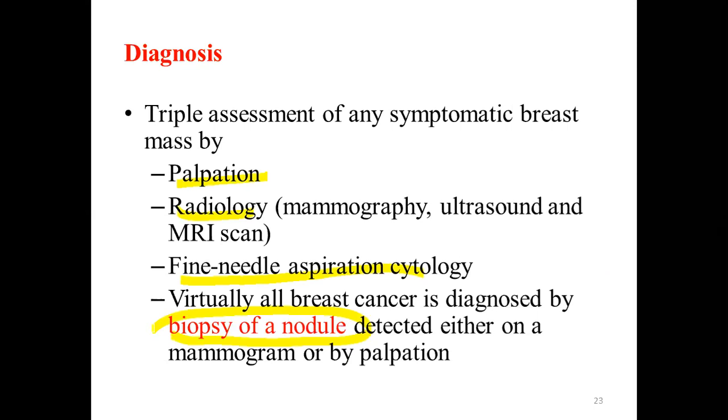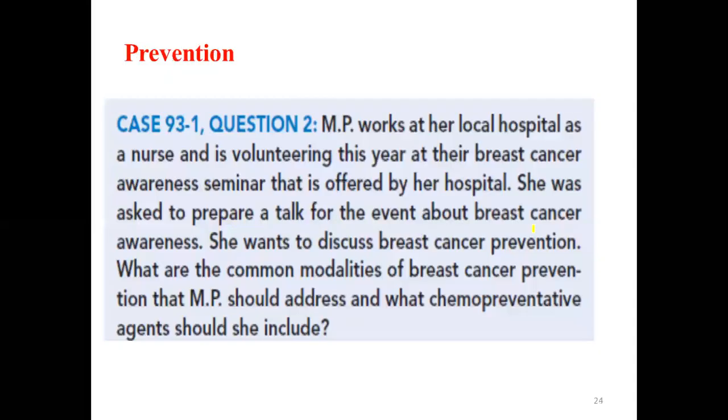Triple assessment is also very common. For any symptomatic breast mass, they do radiology, fine needle aspiration, and for confirmation, biopsy is usually mandatory. Radiology can use mammogram, ultrasound of the breast, or MRI. Ultrasound and MRI have low risk of radiation because they are not using ionizing radiation.